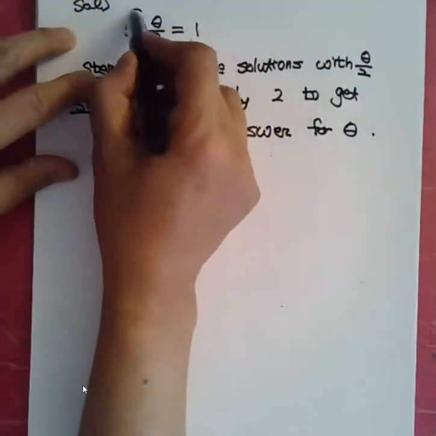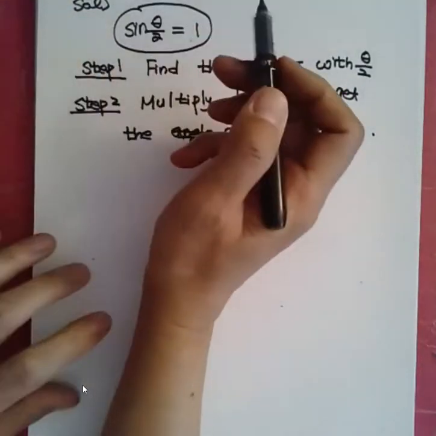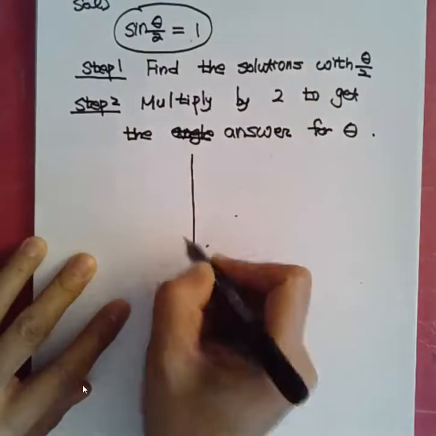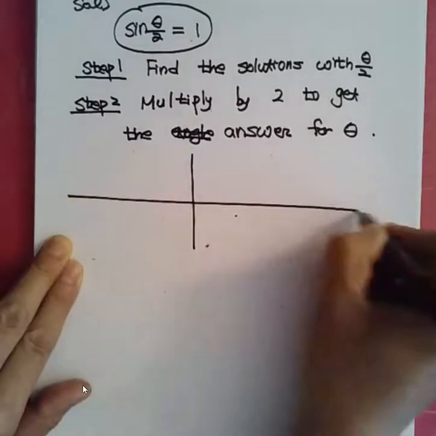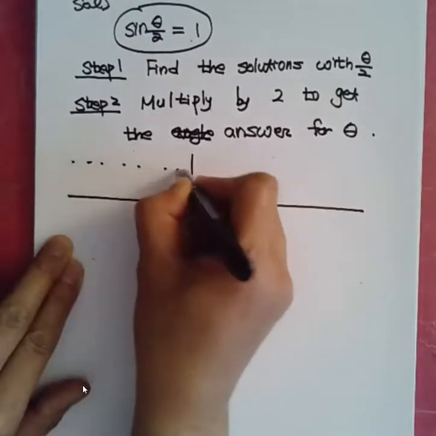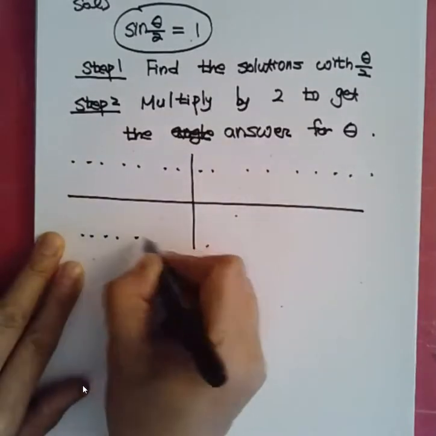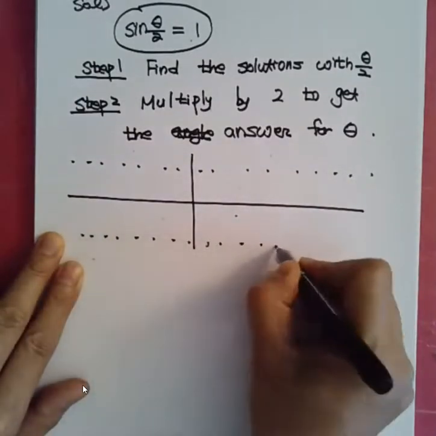Let's go back to this equation. The sine value became 1, so we want to identify the angle values whose sine value becomes 1.